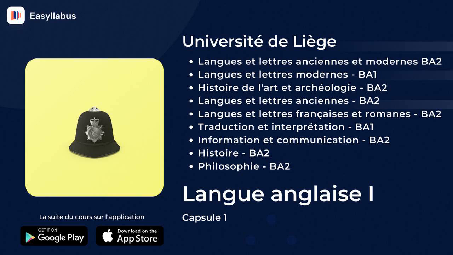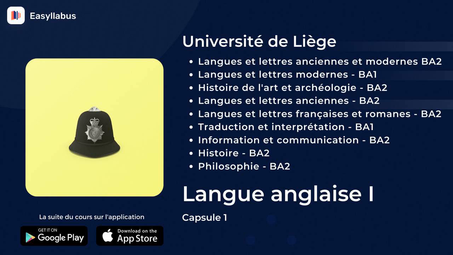Transitivity. There are 5 main clause types cut across by 3 main verb types. The intransitive verbs, followed by no obligatory element. Intransitive clause, subject plus verb. Then there are the transitive verbs, followed by object.